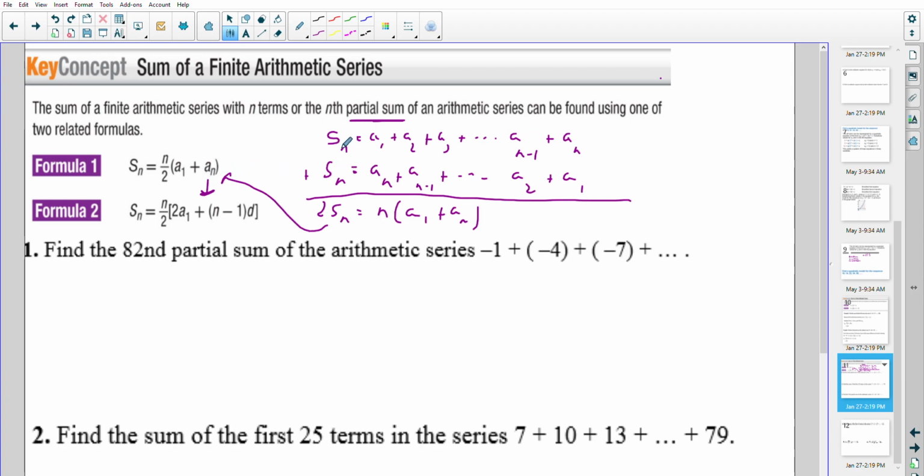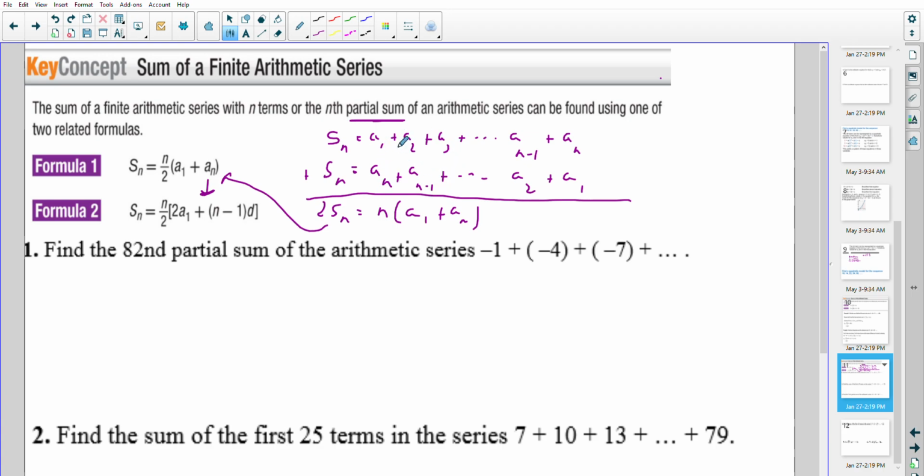Now, if I started with the sum, S sub n, and listed all the numbers that I'm adding up, and then reversed the order, and then added them down, you're going to see that the first term plus the last term is really equal to the second term plus the second to last term, and the third term plus the third to last term.